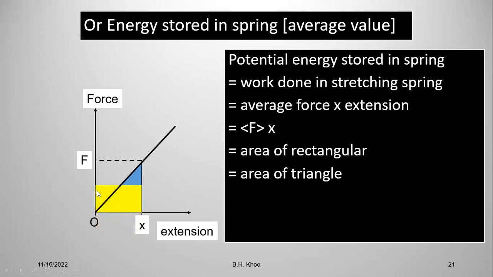So that's the area of the rectangle, or average force over the same extension. So this area of the triangle, and then we compare. Right? These two are the same. So half F equals the average force.